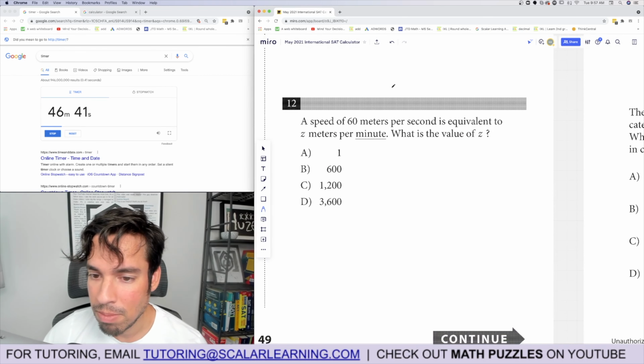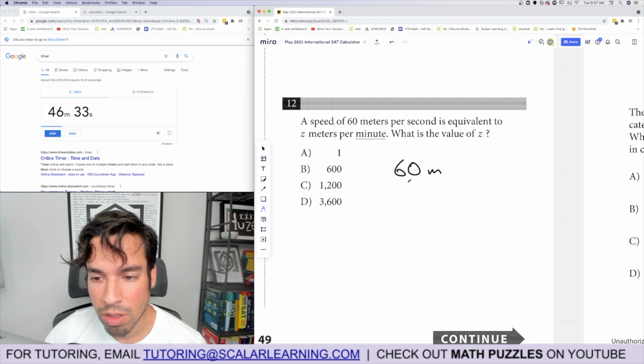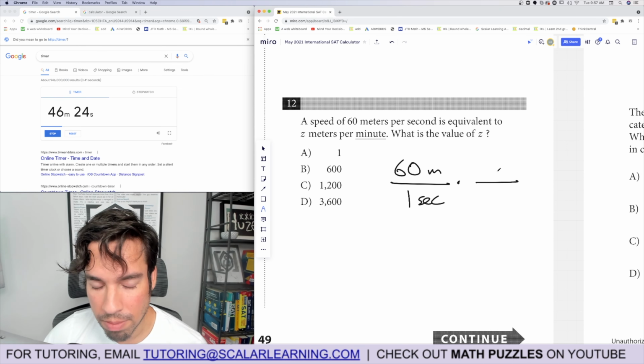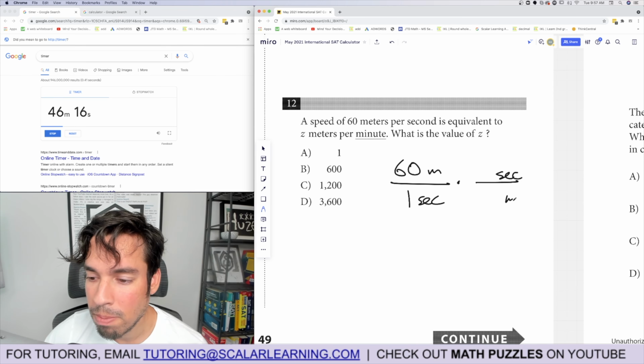Number 12. A speed of 60 meters per second is equivalent to z meters per minute. Okay, hold on. So 60 meters per 1 second, and now let's convert it to minutes. So what I'm going to do is use a unit ratio. I'm converting seconds, so see how it's seconds on the bottom, so I need seconds on the top so they can cancel out, to minutes.